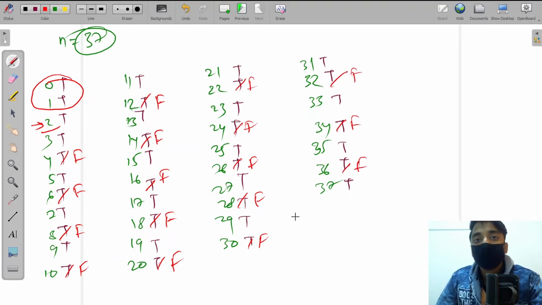All these numbers are not prime. Now all of them are unmarked.